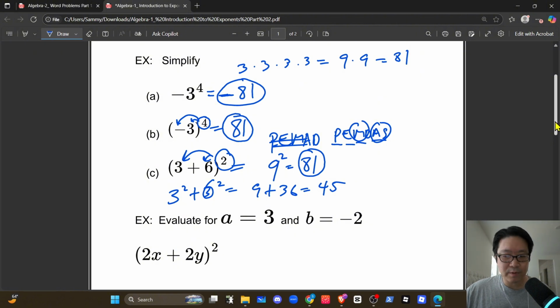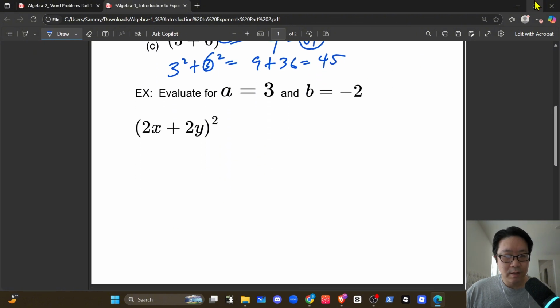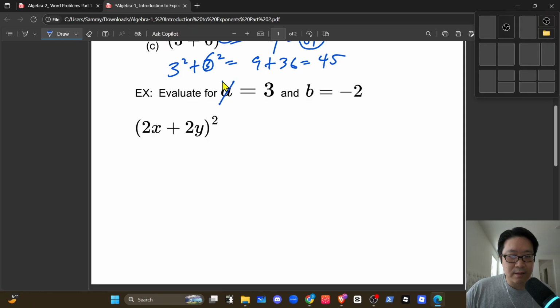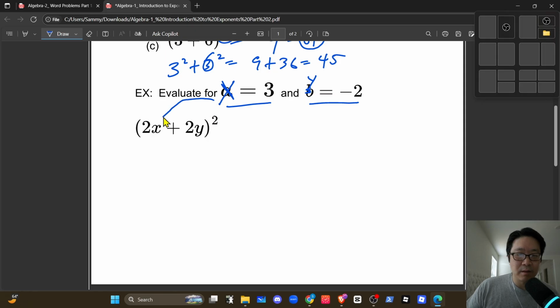All right, so let's go over some examples real quick. I meant to say this is x and this is y. So x equals 3 and y equals negative 2, and it says evaluate. We're just going to plug in x for that and then y for that.